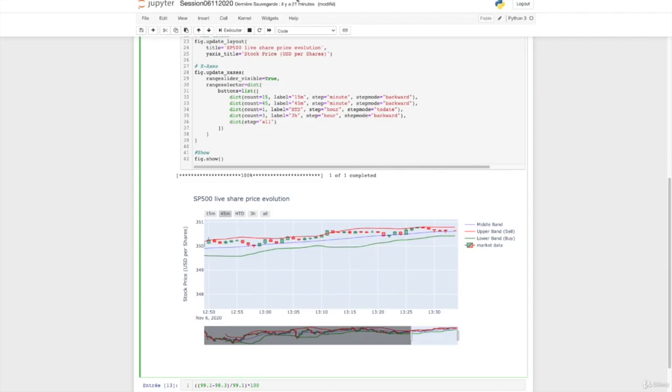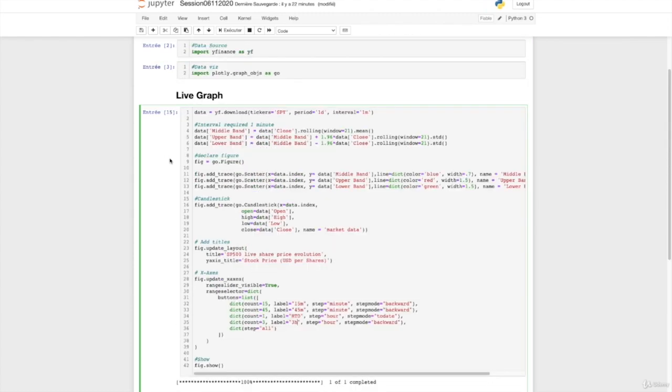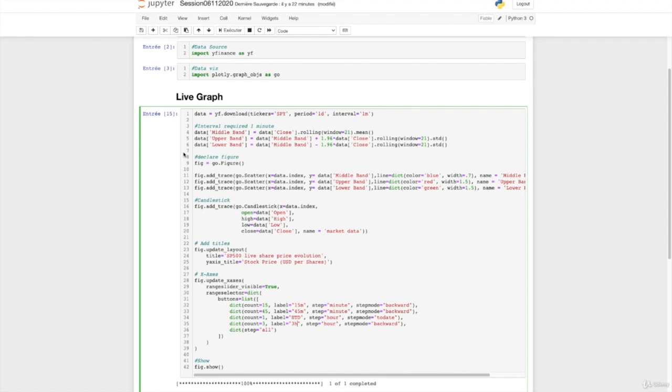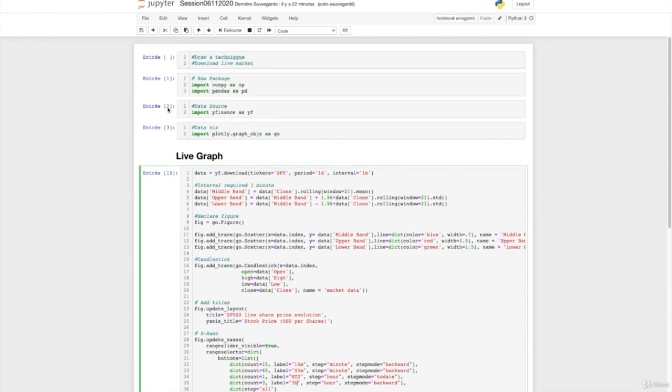Okay, it was just a session where I wanted to show you how we can capitalize on what we have learned previously inside the class, how you can implement your first trading strategy, and how you can start making money for yourself. For instance, if you want to buy shares, just draw your Bollinger Band and think, okay, is it the right time or not to buy, or should I wait?